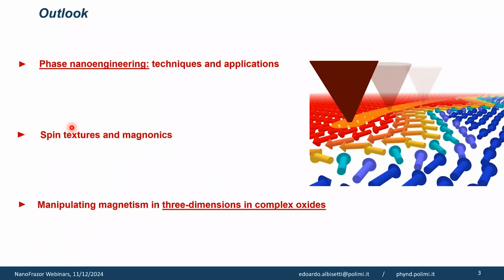And I will focus on this last part, so on spin textures and in particular on magnonics, so the possibility to control spin waves propagating in materials using phase nanoengineering. And then about a particular application that we developed in the last couple of years that we just published on arXiv and is currently under review. So let's say the last results of our group.